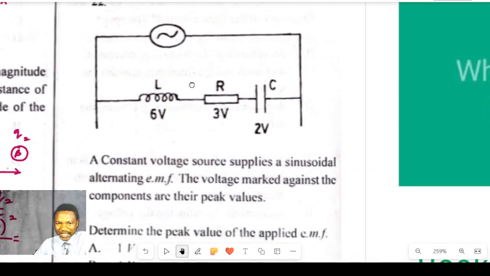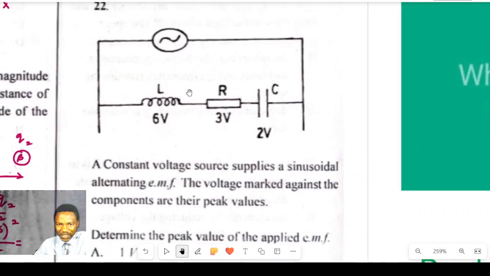So this is an AC circuit. So here you have your inductor, you have your resistor, and then you have your capacitor.